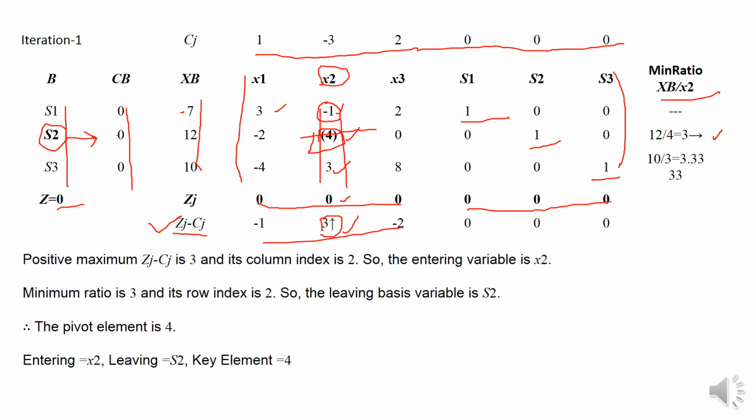In the next slide I have shown the S1 row, S2 row and S3 row, denoted R1, R2, R3, and the calculation has been shown: first we divide the S2 row by 4, then with the help of this row we make the element under x2 in the S1 row 0, the same for S3, and in zj minus cj the element under x2 is 0.